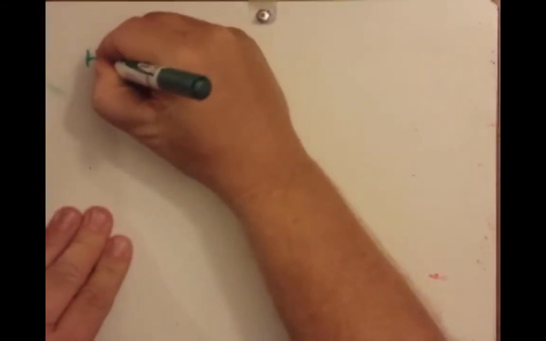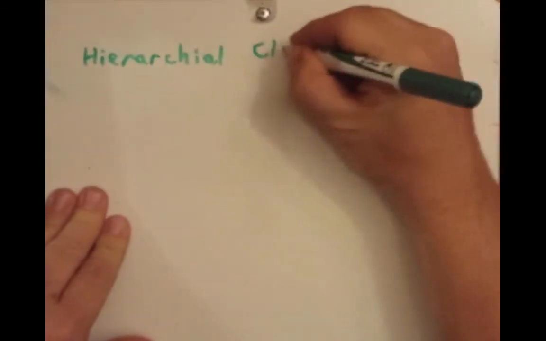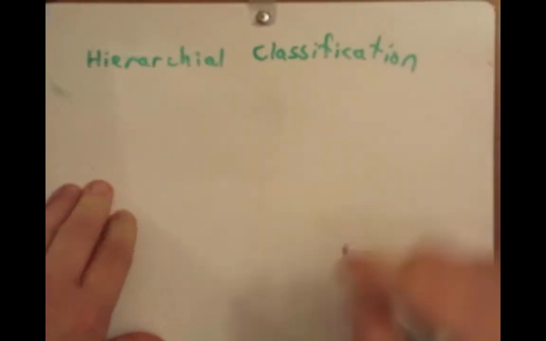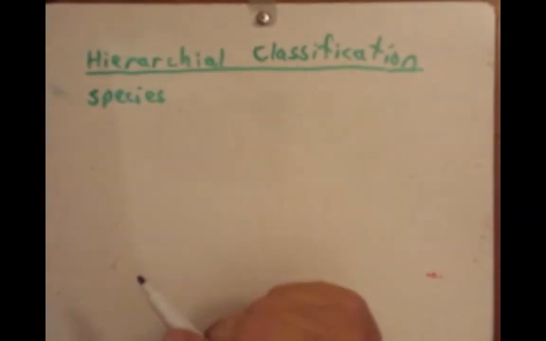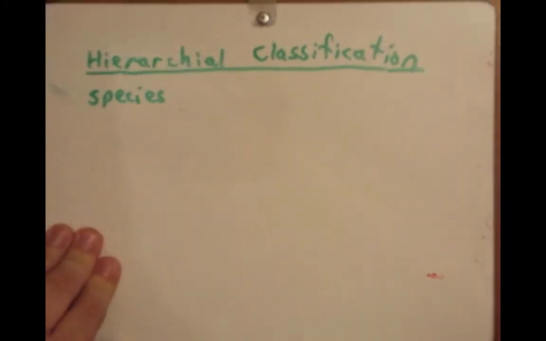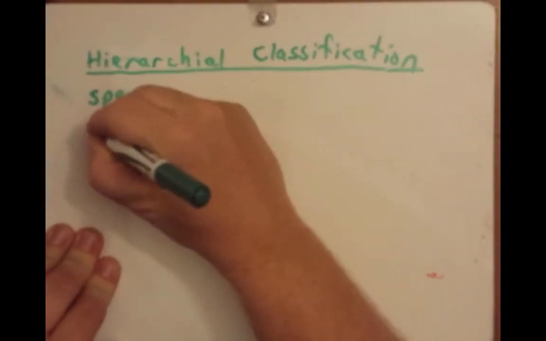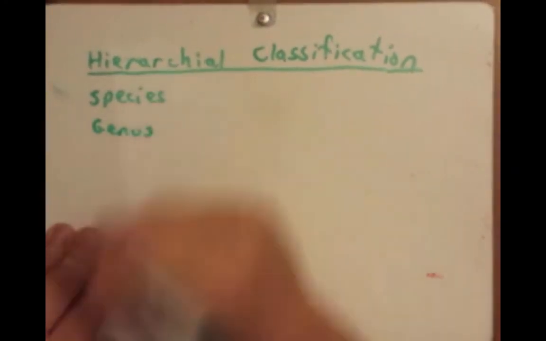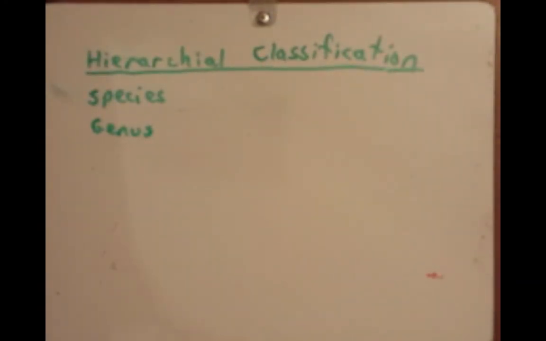Now, scientists continue to further classify species and genuses into larger groups, and we call this the hierarchical classification. You can think of species here as the most specific way to classify an organism. And then several species can be grouped into the genus. And then several genuses can be grouped into a family.